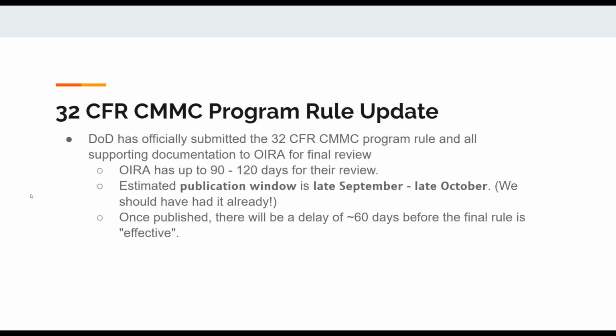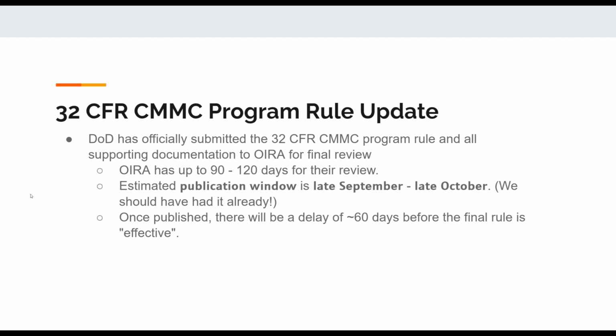So within the coming weeks, this will be coming out. And maybe they're timing it for Christmas. Kind of cruel, like having coal in your stocking, but this will be out. And with the 60-day delay, if it's published in December, we're looking at January for this go-live for 32 CFR.